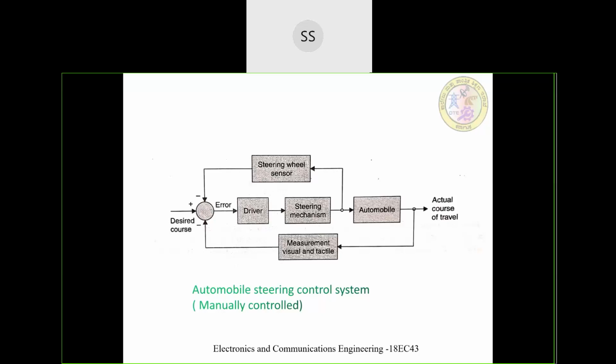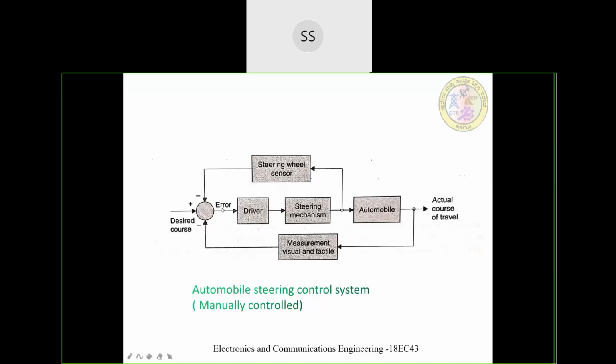After getting inputs from these two feedback paths, an error signal is generated whenever our actual course of travel doesn't match the desired course of travel. In simple sentences, whenever the actual path of traveling is not the same as the desired path of traveling, that is obviously the error.